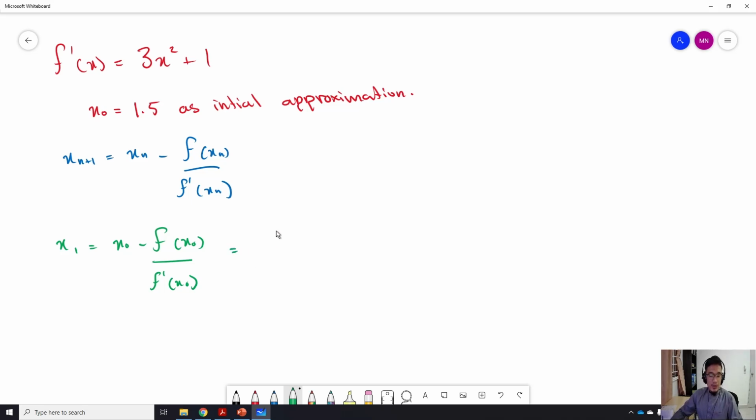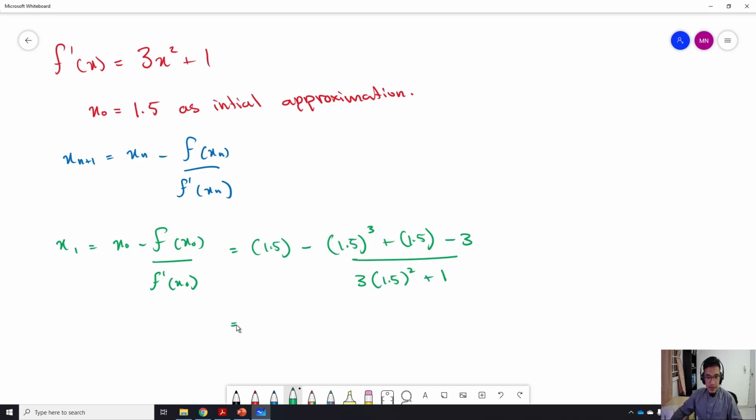So we substitute the value of x0, that is 1.5, minus f(x0), so that is 1.5 to the power of 3 plus 1.5 minus 3, over 3(1.5) squared plus 1. So this is the formula.